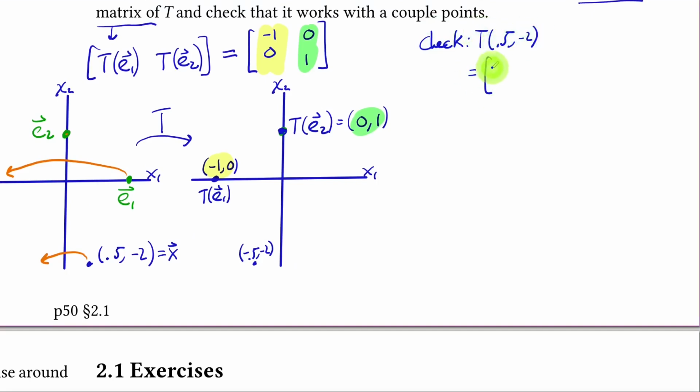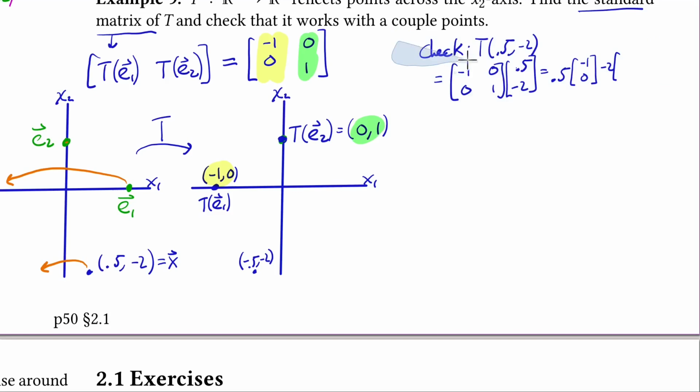We want to check that if we do this matrix with columns -1, 0 and 0, 1, that we get what we should. And that's going to come out to be -0.5, -2, which is what it should be.